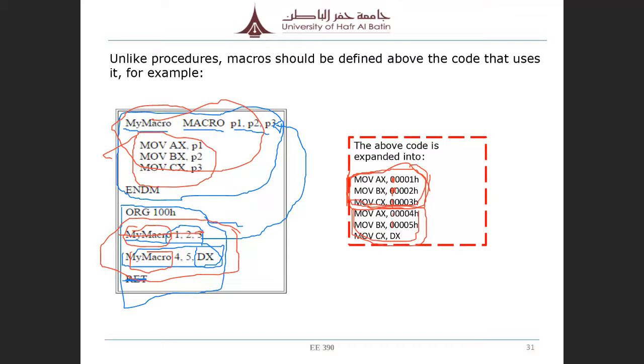We are writing 2 lines in our main program, but it means actually 6 move operations. The machine code related to the 6 move operations will be generated.